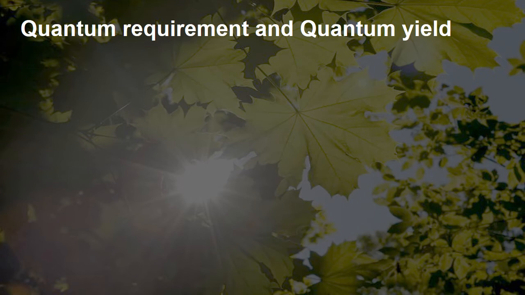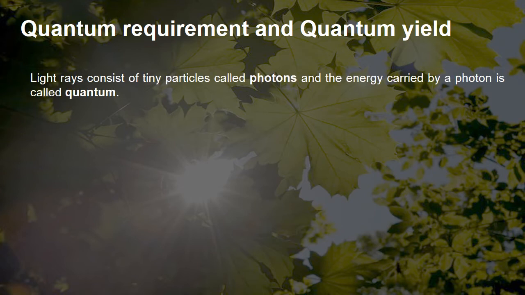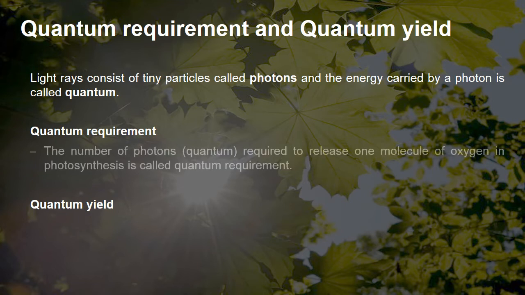Next, quantum requirement and quantum yield. Before going to see what a quantum is, we should know what a photon is. Light rays consist of tiny particles called photons, and the energy carried by these photons is called quantum. Next, let me see what quantum requirement and quantum yield are. First, quantum requirement.